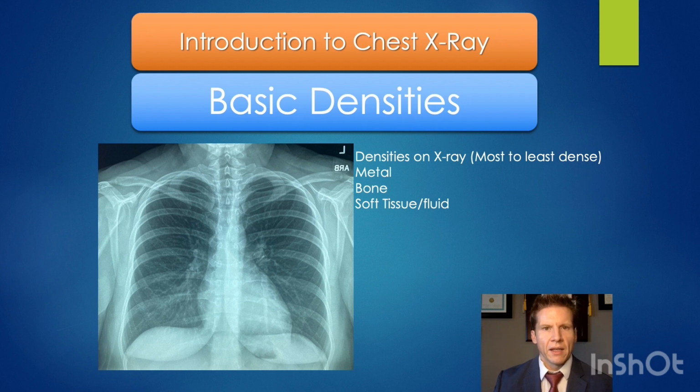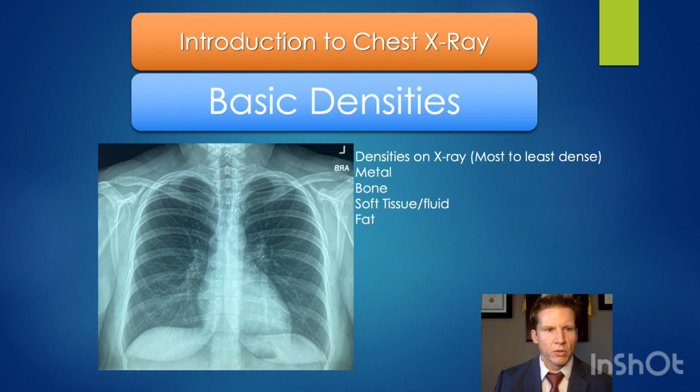And then you've got more of a grayer color, which is fat. We can look at various areas of fat that we commonly and normally see on a chest x-ray, including in the base of the neck and the supraclavicular regions. The subcutaneous tissues are a lighter gray than the muscle planes that we can see adjacent to it.